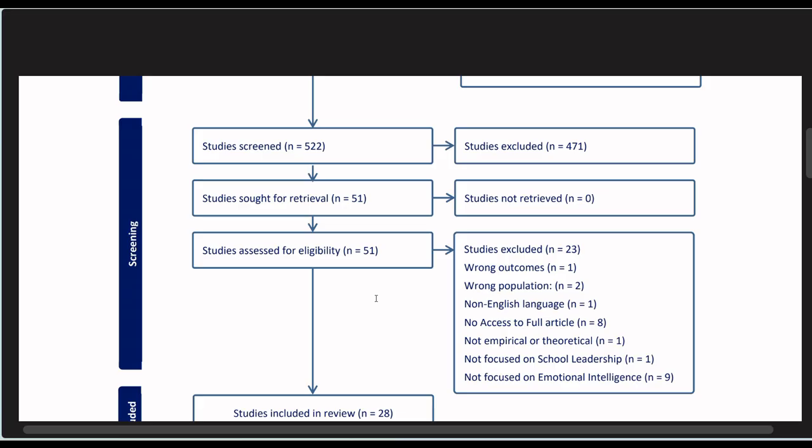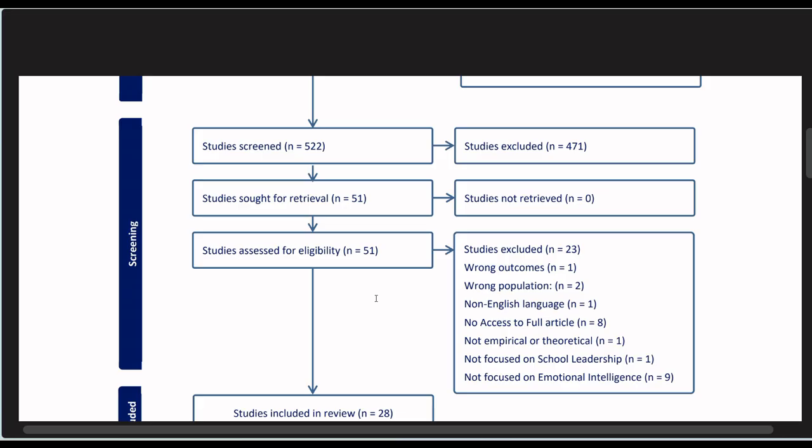That is after we have looked at further characteristics using our inclusion and exclusion criteria. Having used them, we found that 23 further articles were removed. Why? We were able to explain that some had wrong outcomes, some had wrong population, and one was not in English. Eight were unable to have access to the full articles.